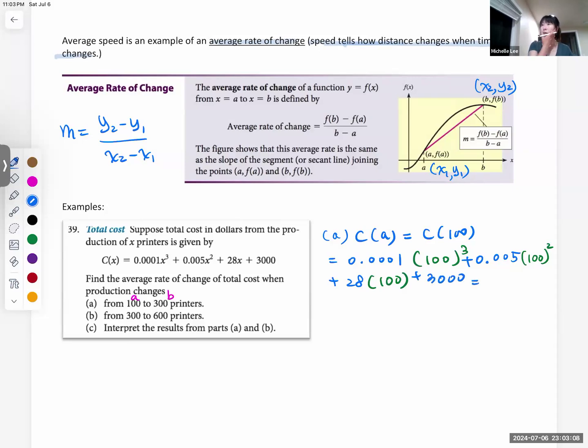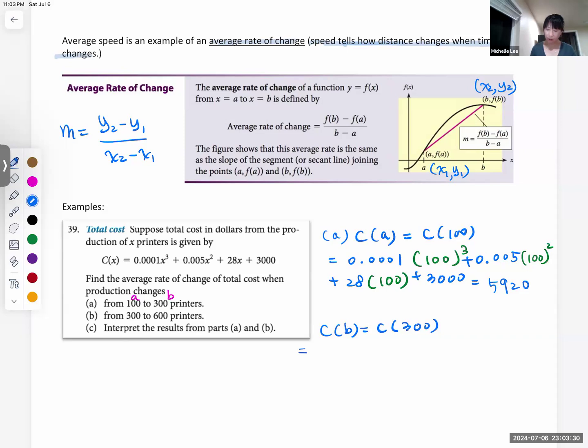Okay, if we calculate this one, we get 5,920. Okay, how about C of b, which is C of 300?